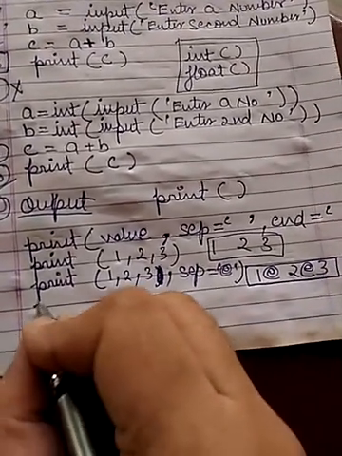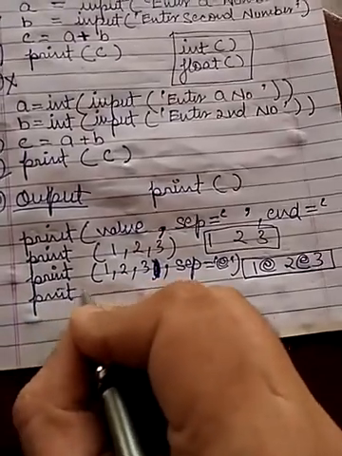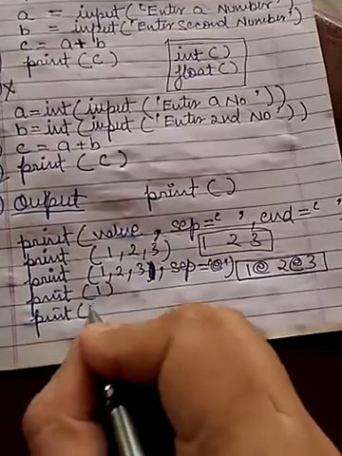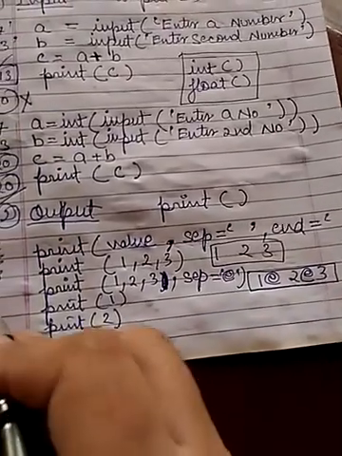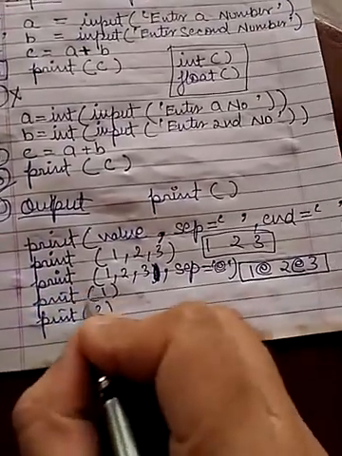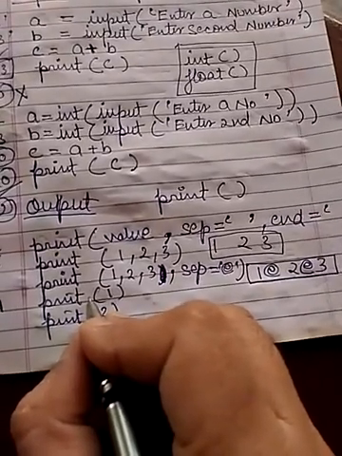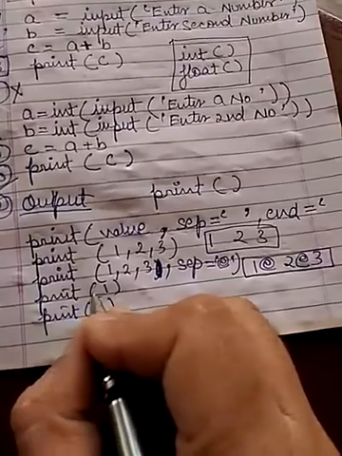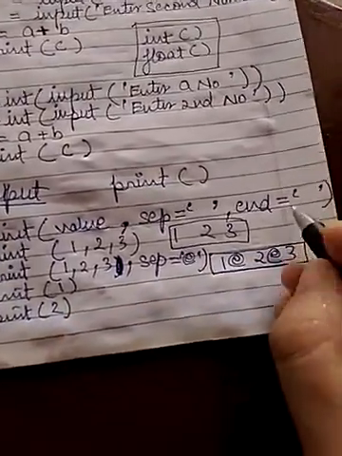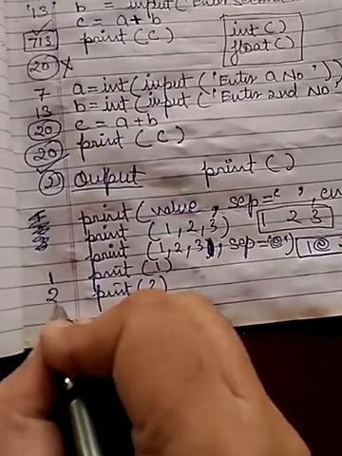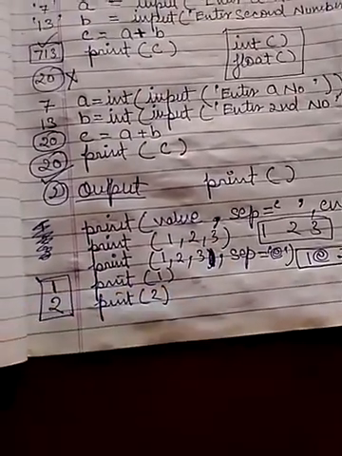Suppose I am writing this command, print 1, print 2, you will get 1 and then 2. As soon as the execution of this print statement is over, the line will get changed automatically because by default the value of end parameter is new line. That's why 2 will appear in the next line.